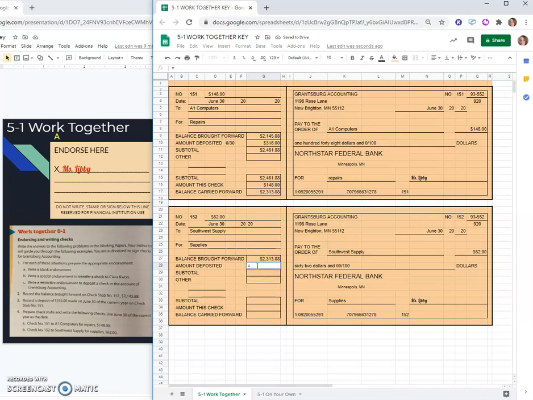Amount deposit. Oh, this is not a deposit. So we're still here. Actually, this would be here, and then this one would be equals that amount. And the amount of this check would be equals $62. Balance carried forward is equals this minus this check is $2,251.88. So now we have filled out our check stubs. We are finished with 5-1 work together.